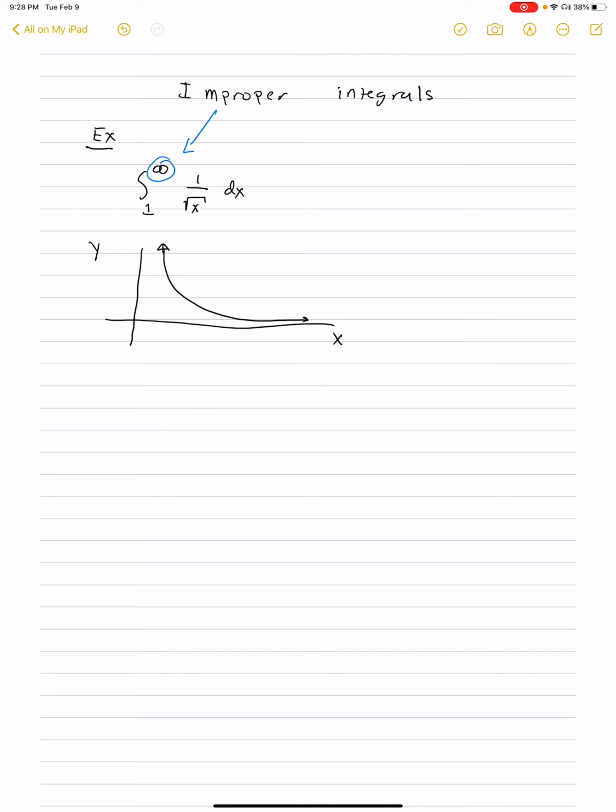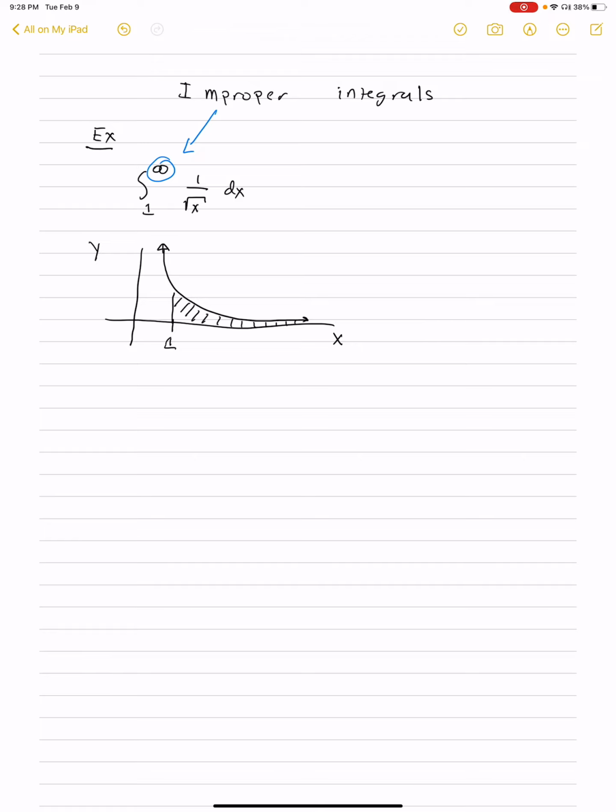So if I integrate from 1 to infinity, I'm accumulating all of this area. Although this output limits to 0 on the y value, the question is, is this a finite amount of area?